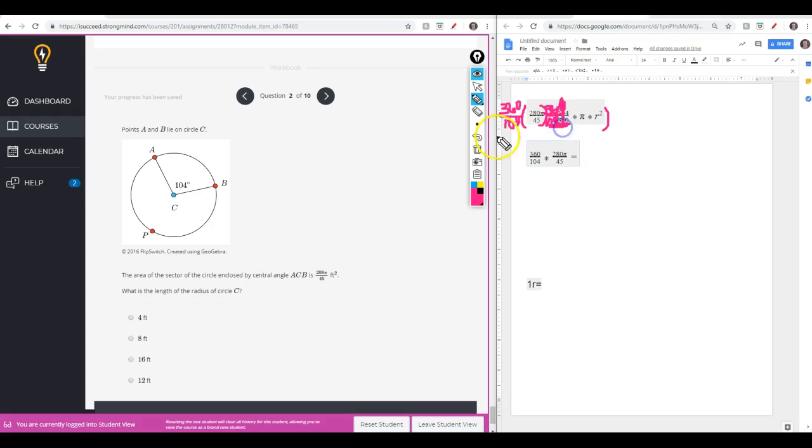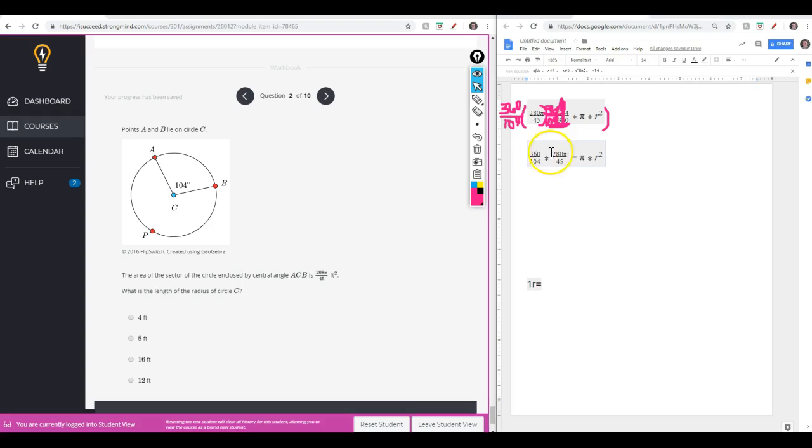That was our goal. So 1 times pi is just pi. We're left with a pi times r squared still there. So now I'm going to divide everything by pi. But let me do something really fast.